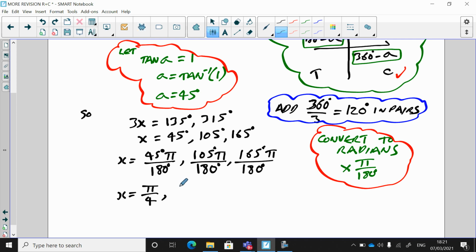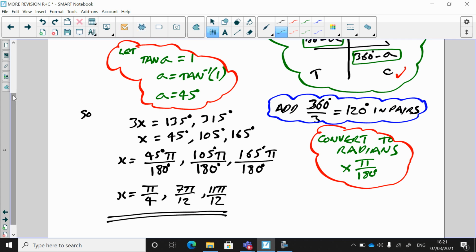Just do 105 over 180 in your calculator, see what it gives you as a fraction. It gives you 7 pi over 12. And the last one, 165 over 15, that's 11. 11 pi over 12. That's the three solutions in radians.